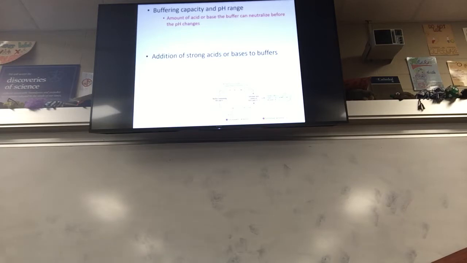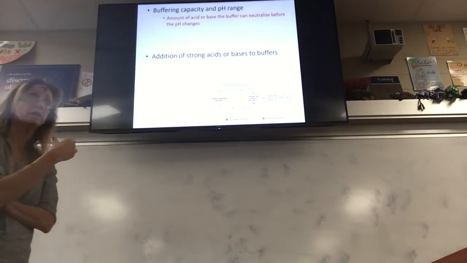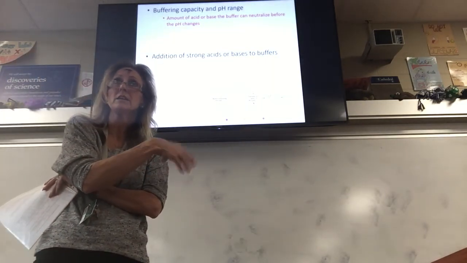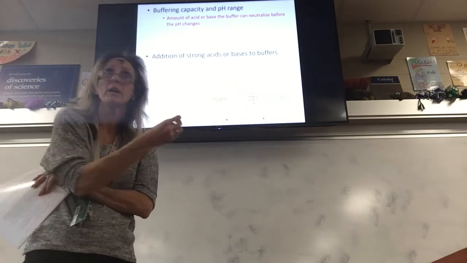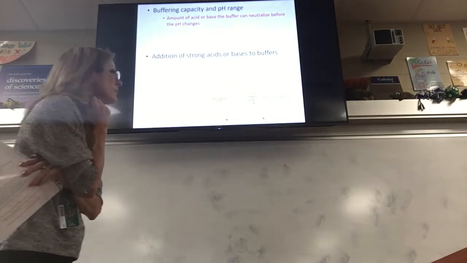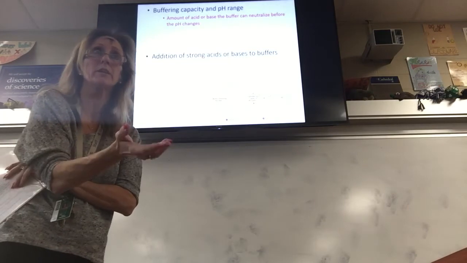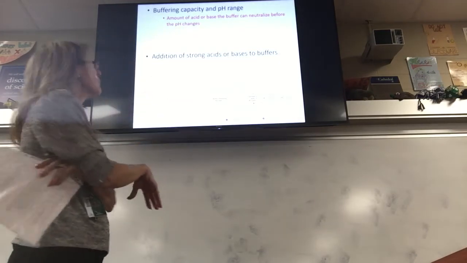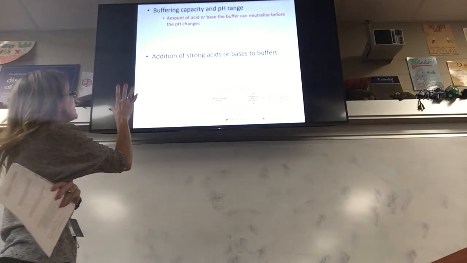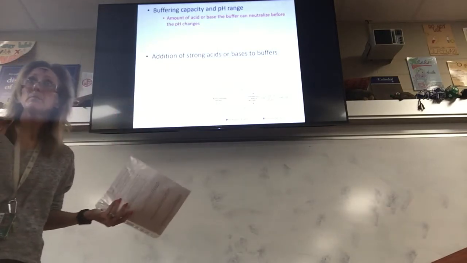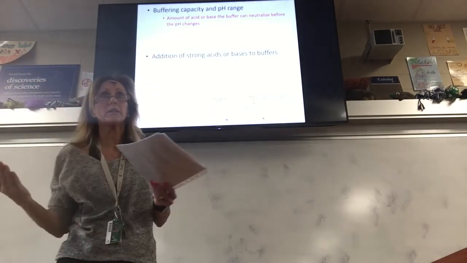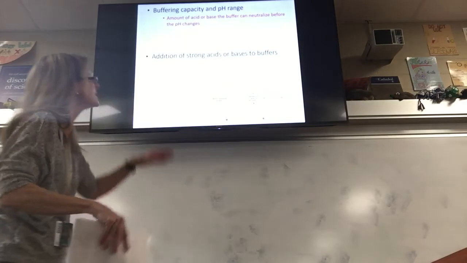So the amount of acid or base that the buffer can neutralize, like I was showing you earlier in your notes: if we add a strong acid to the buffer, it will react with the conjugate base to form more weak acid. Or if we add base to it, the base will react with the hydrogen ion in the acid to form more conjugate base.